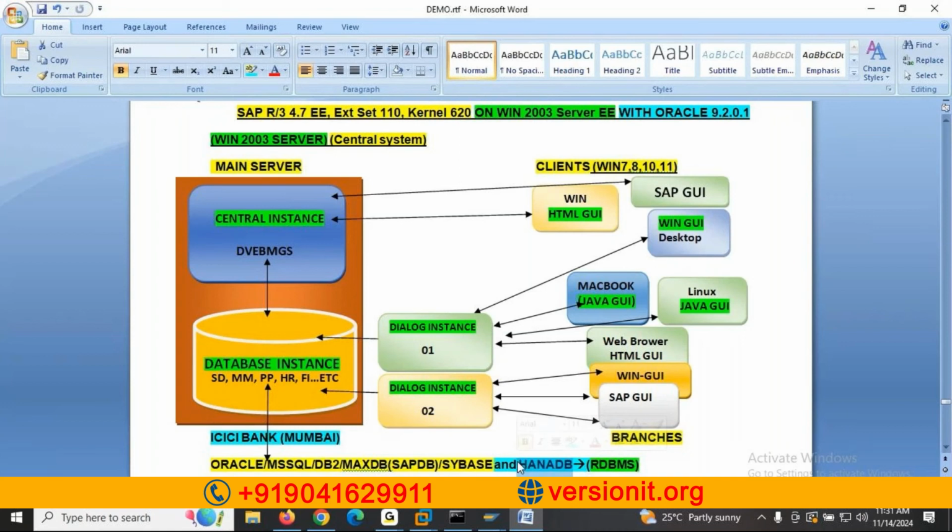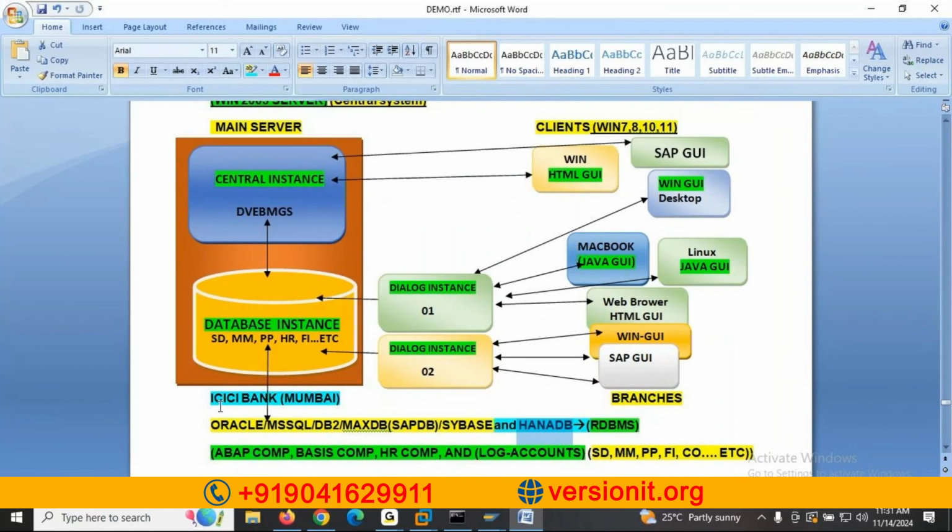Guys, listen to this carefully now. Most of the people who are with me right now, the moment they hear the word Oracle, will understand Oracle means database. Sir, after loading the database, what is this database instance?